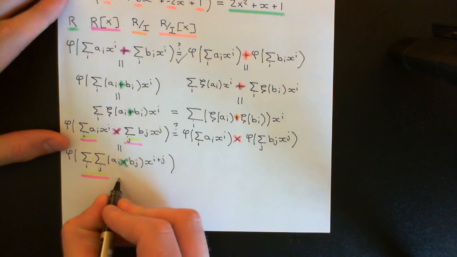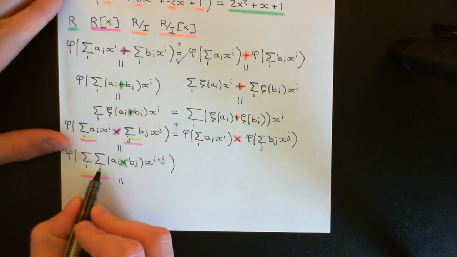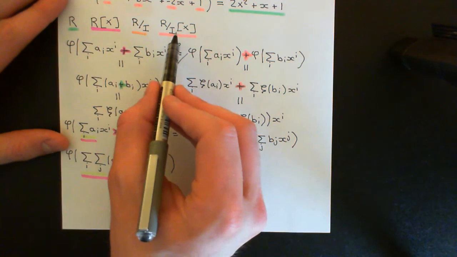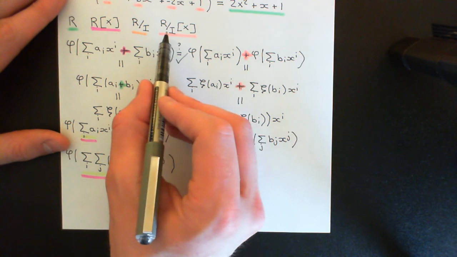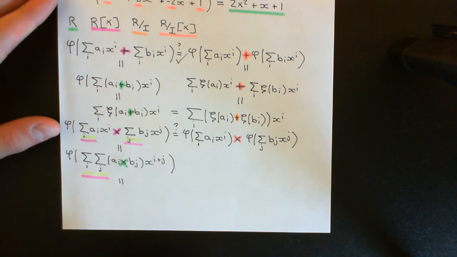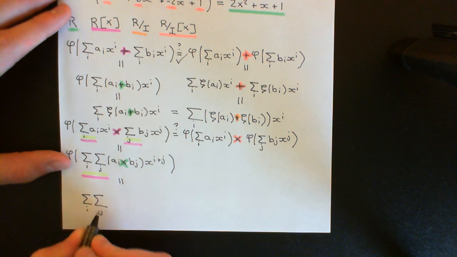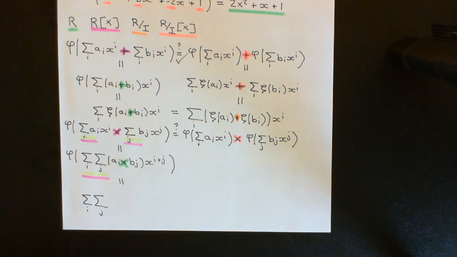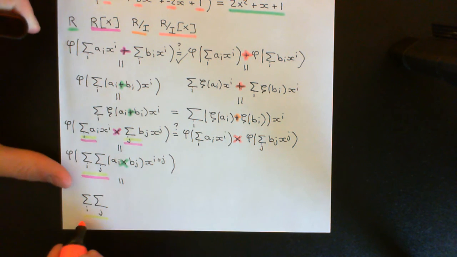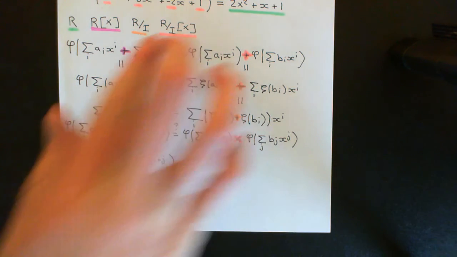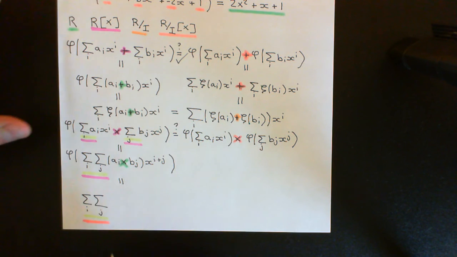Okay, and something subtle is going to happen here, because this sum is now going to change from being a sum in the polynomial ring R adjoin x to being a sum in the polynomial ring R quotiented out by I adjoin x, but it's still going to be a real sum. So I'm going to notate this as so. It'll be the sum over i, the sum over j, and I'm going to have the yellow line to denote that it's a real sum, not just a symbolic sum, and now it's going to be underlined with red rather than purple because it's now a real sum in the polynomial ring R quotiented out by I adjoin x.